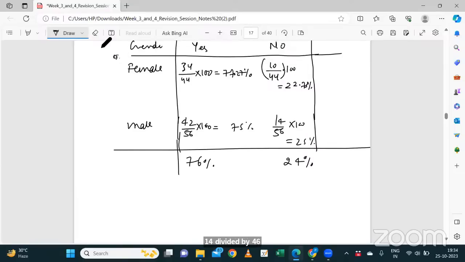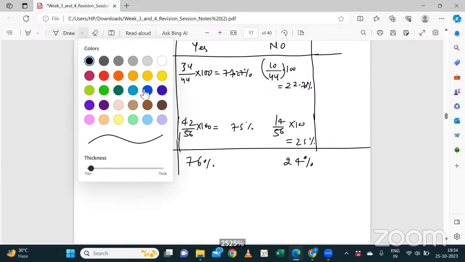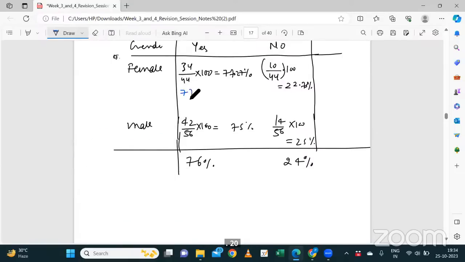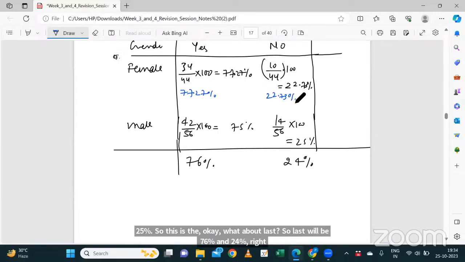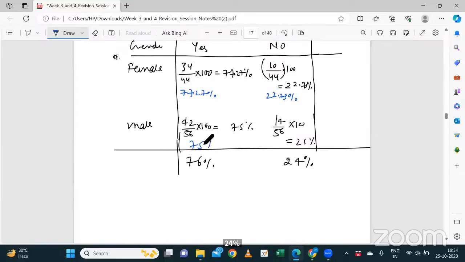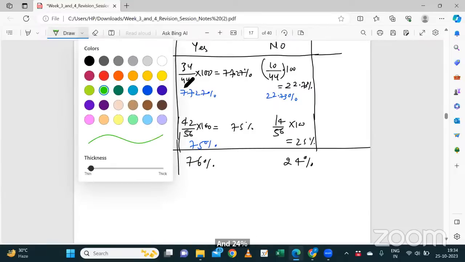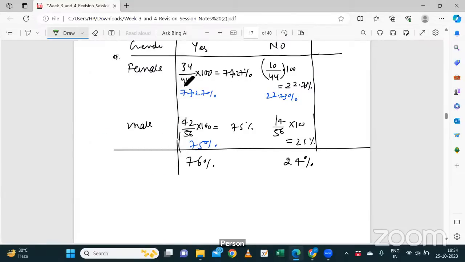Now, these are the values we have: 77.27% and 22.73% in the first row, then 75% and 25%. There is one concept: if all the row relative frequencies are approximately the same or similar, then there is no association between the categorical variables.